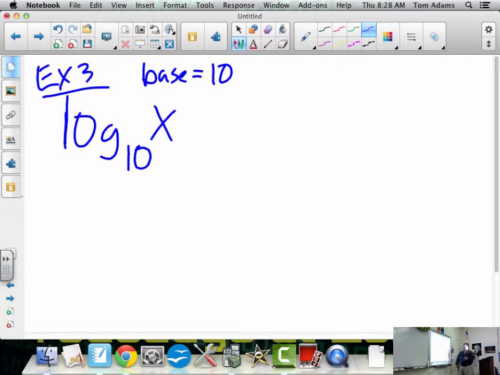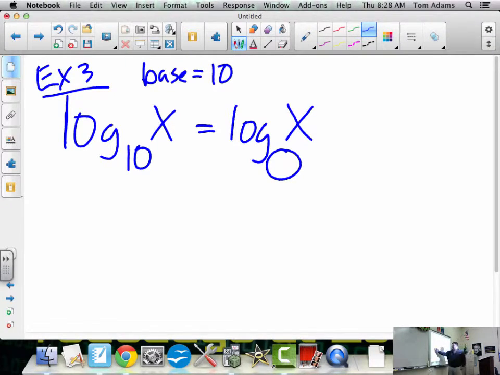Log base 10 can be written as log of x. So whenever the base isn't written there, that implies that it's base 10, because we have a decimal system. We count by tens, right? And so that's how we leave it. That's just a convention. It just makes it a little easier for you.